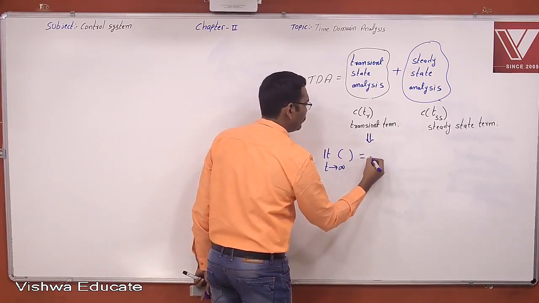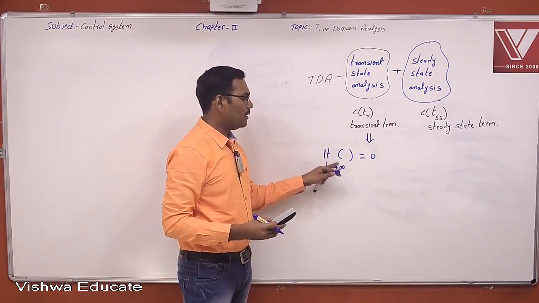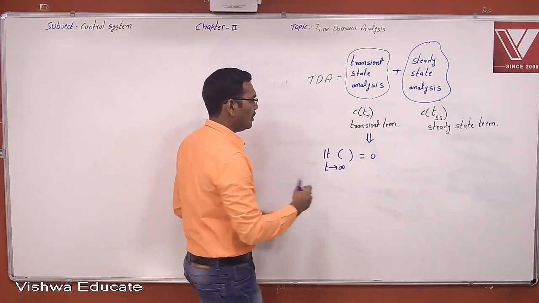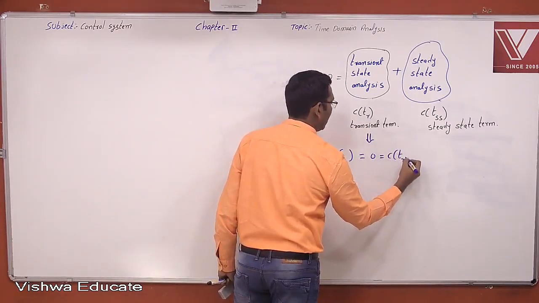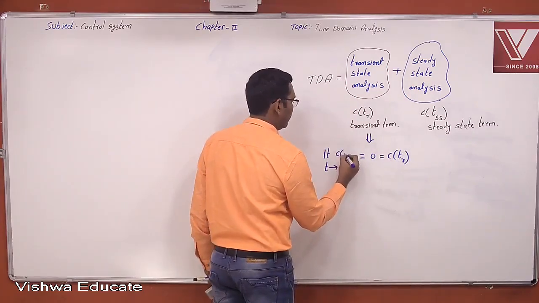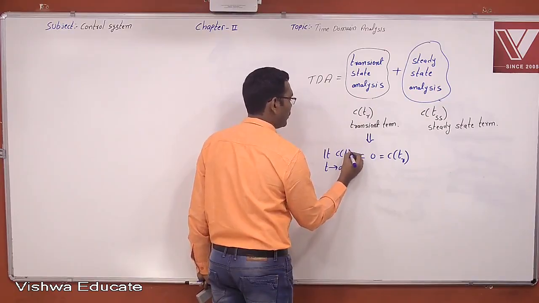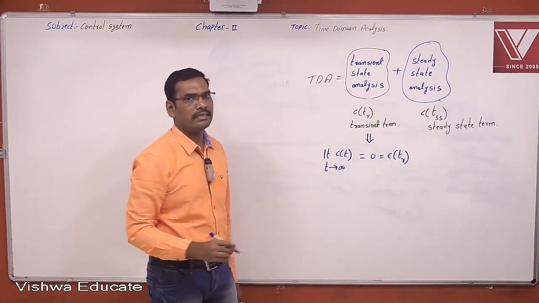Limit t tends to infinity, the value will become 0. That particular term is called the transient term. If c of t or any response or any term is equal to 0 as t tends to infinity, that term is called a transient term.